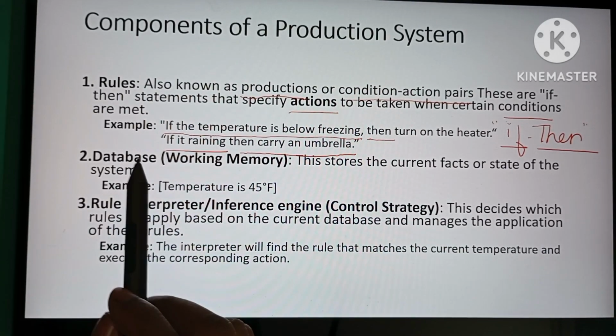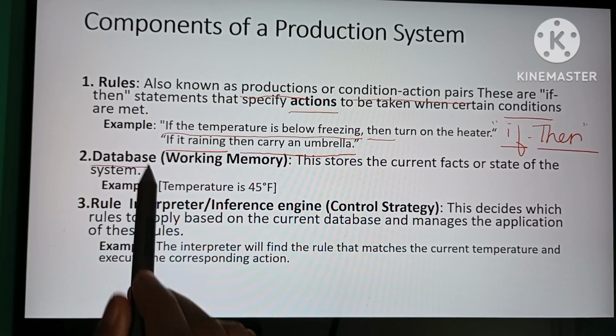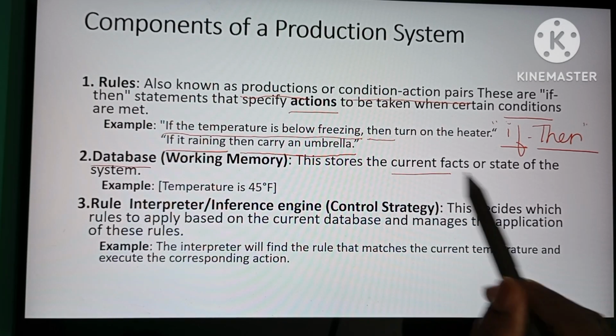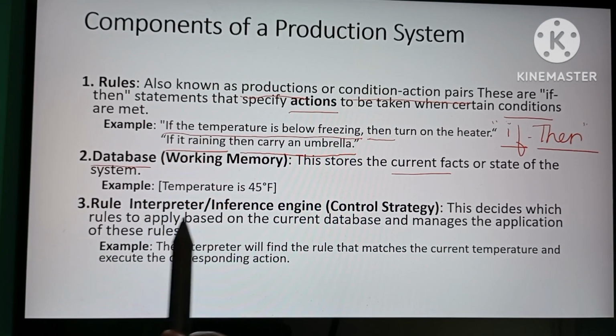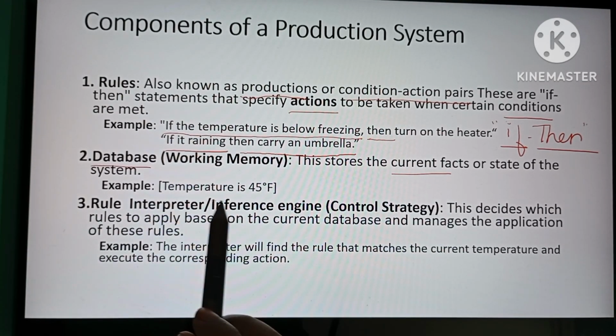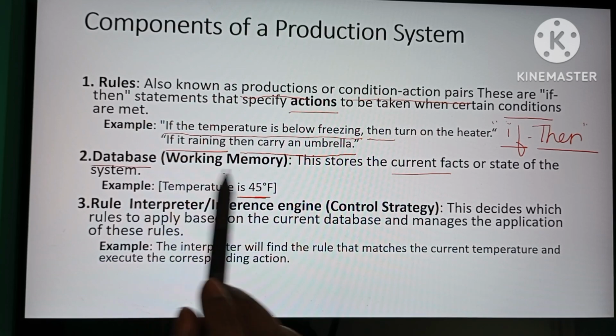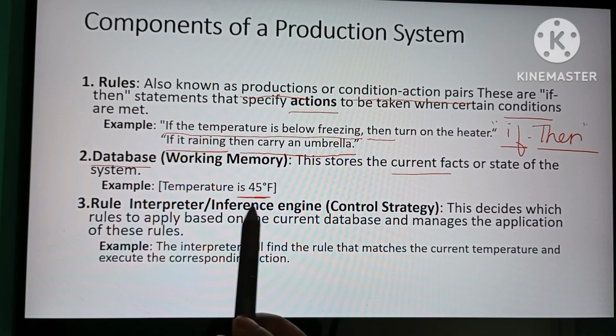The next component of a production system is the database. It is also known as the working memory, and it stores the current facts or the states of the system. For example, if the current room temperature is 45 degrees, then the working memory will store this temperature in its database.